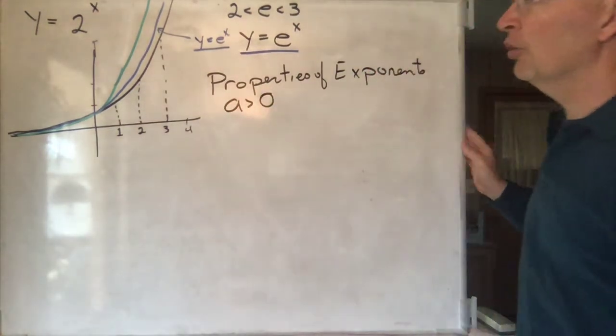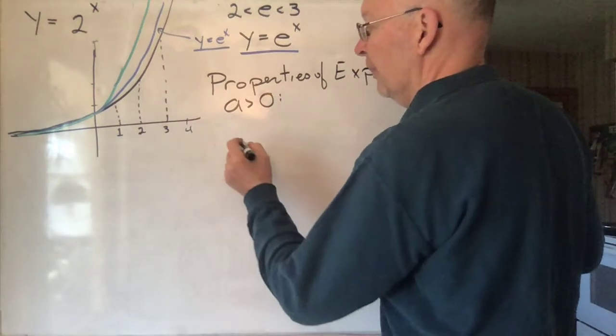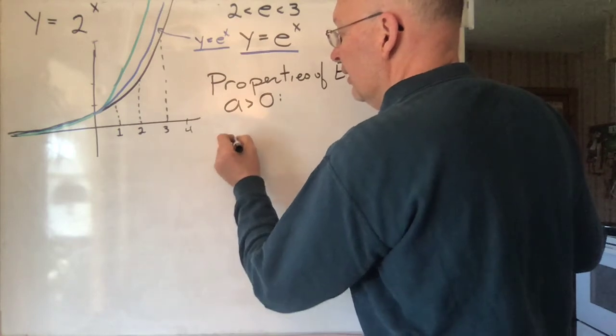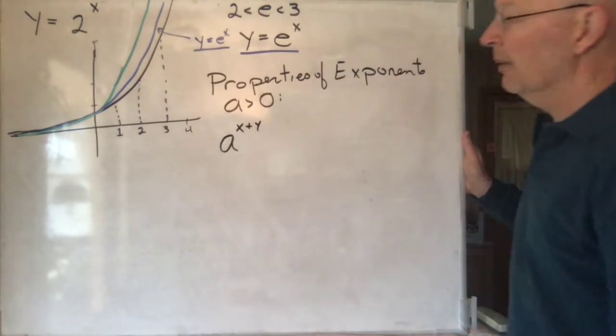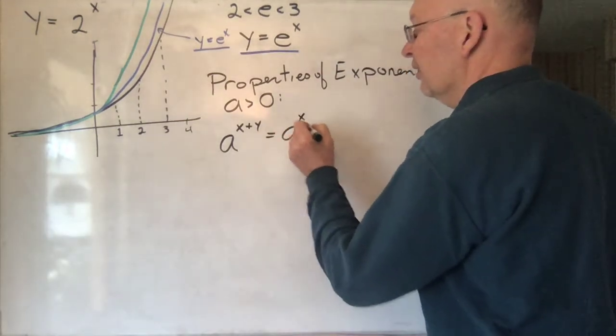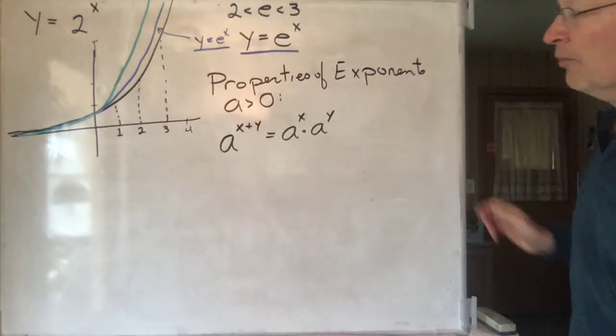So it could be a 2 or a 3 or an e or anything else. And here's the properties. First of all, a to the x plus y is equal to a to the x times a to the y power.